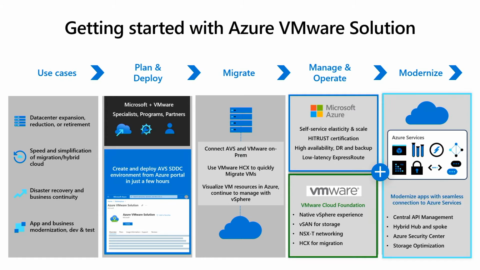So we have some great examples of some of the integrations that our customers are looking at today and some of the work that my team has done to bring you the best of both worlds. I'd like to introduce Divya Kamath. She's going to take us through some specific integration examples between VMware VMs that have been migrated to AVS and, in the specific example of Azure Security Services, bringing those security benefits to bear on those AVS VMs.